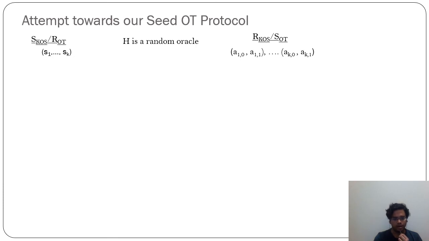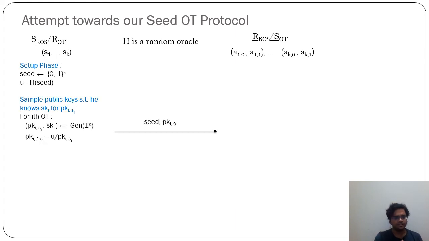Now I will try to build our seed OT protocol incrementally. There's the sender of KOS who behaves as the receiver of the seed OT, and there's the receiver of the KOS who behaves as the sender of the seed OT. Now the receiver of the seed OT has k bit inputs S1 to Sk. He samples a random seed, then he obtains a random pad by invoking a random oracle on the seed.